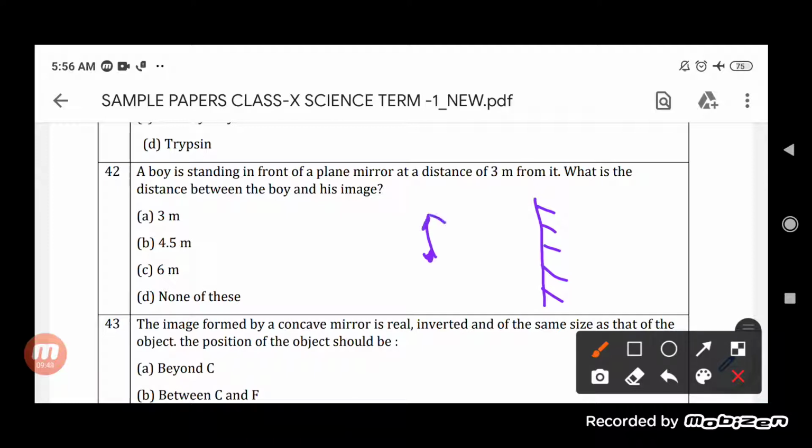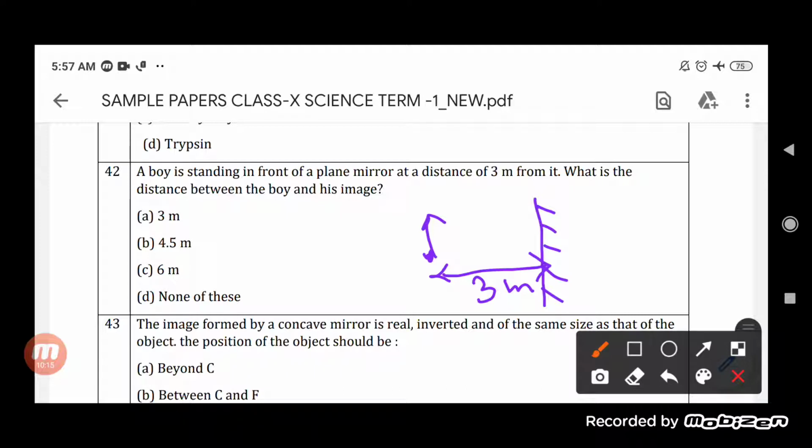Okay, the boy is standing here, and the distance between this to this is what? 3 meter. And we know that the distance of the object in front of the plane mirror will be equal to the distance of the image, means the object distance and the image distance is the same.